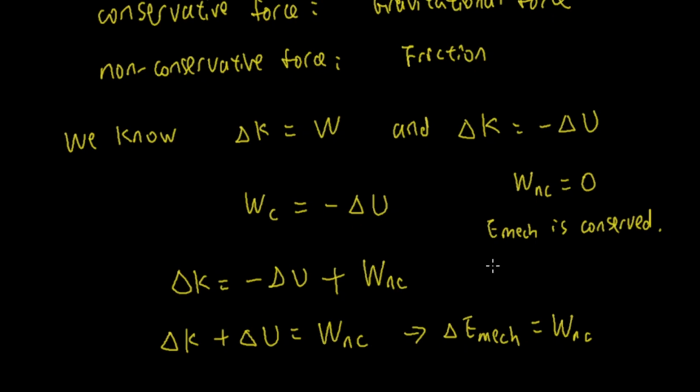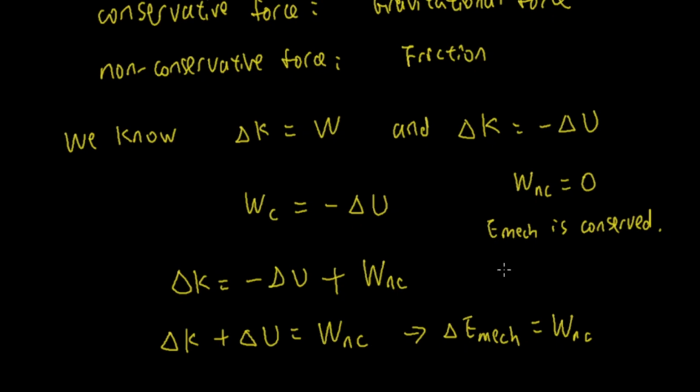So in order for mechanical energy to be conserved, there cannot be a non-conservative force like friction that converts this energy to thermal energy, because there will be a change in mechanical energy if the mechanical energy is converted to thermal energy, right? So the mechanical energy is not conserved.